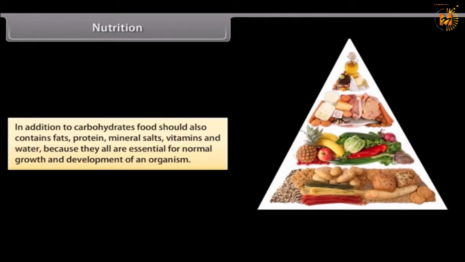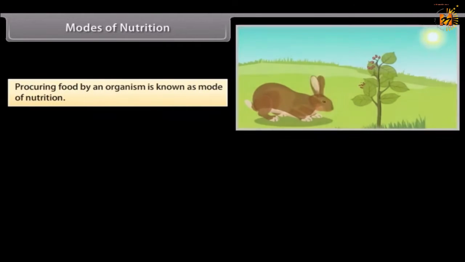In addition to carbohydrates, food should also contain fats, protein, mineral salts, vitamins and water because they all are essential for normal growth and development of an organism. Modes of nutrition. Procuring food by an organism is known as mode of nutrition.